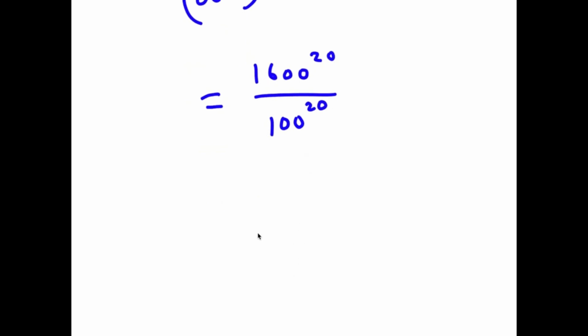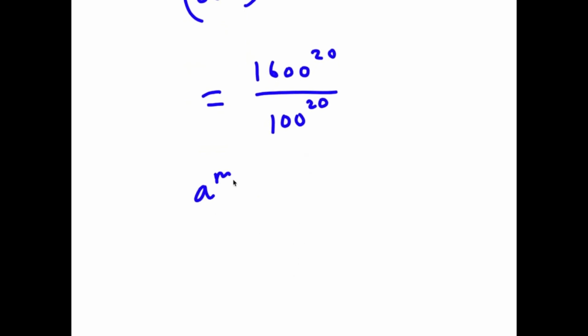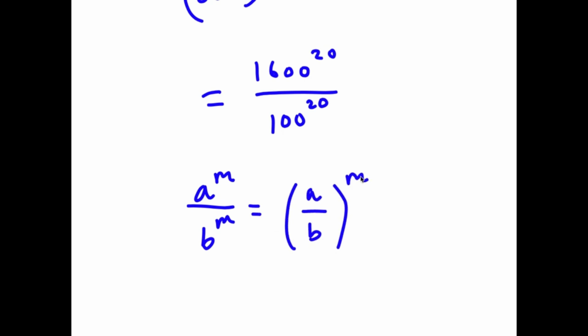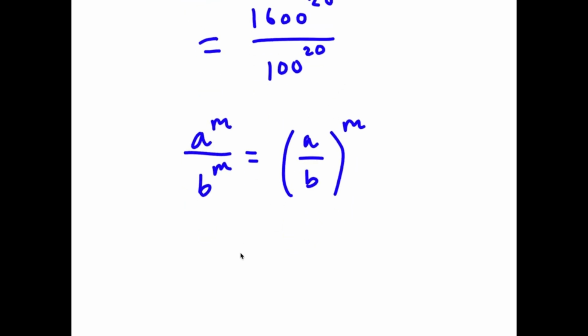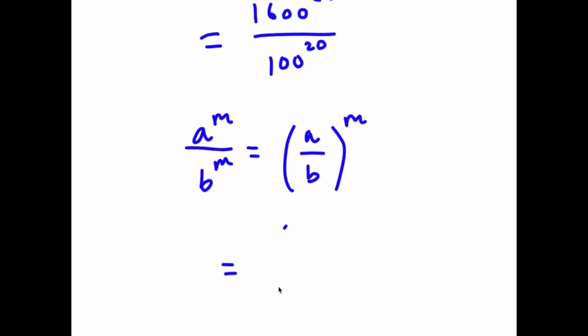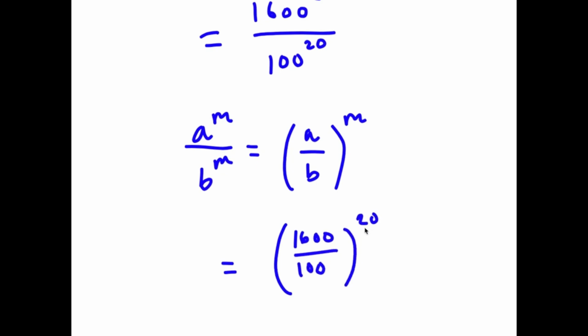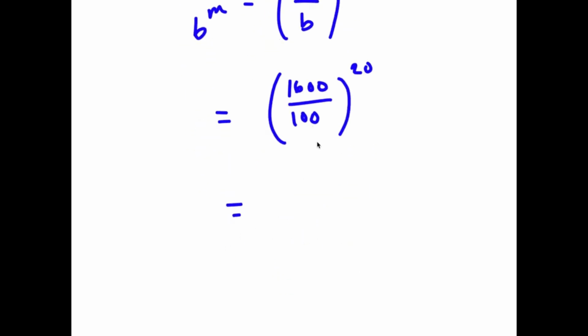And now if I have something in the form a to the power of n over b to the power of n, this is equal to a over b to the power of n. So 1600 to the power of 20 over 100 to the power of 20, that's going to be 1600 over 100 to the power of 20. And 1600 over 100, that's going to be 16. So I have 16 to the power of 20.